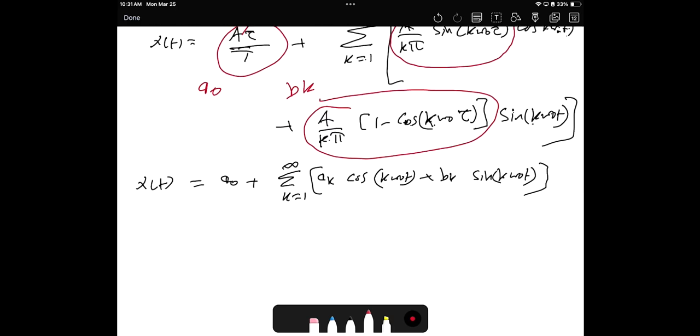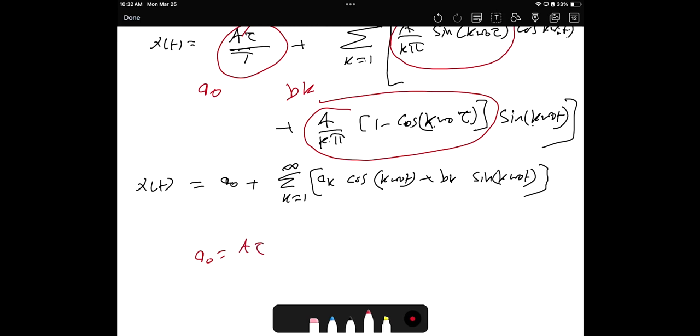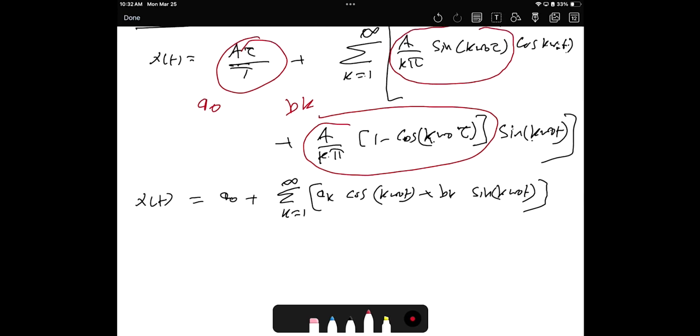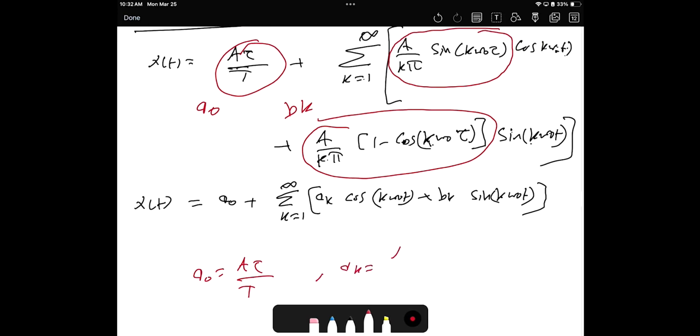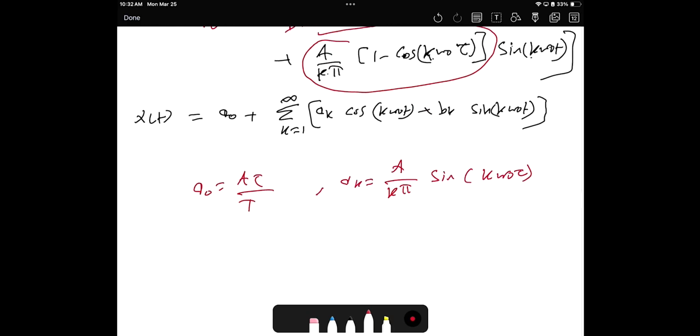Then you can say a naught equals A tau over T, a sub k equals A over k pi sine k omega naught tau, then b sub k equals A over k pi times 1 minus cosine k omega naught tau. Okay? Then here we can demonstrate the pulse train using this infinite series.